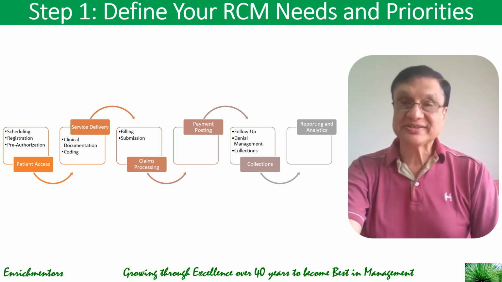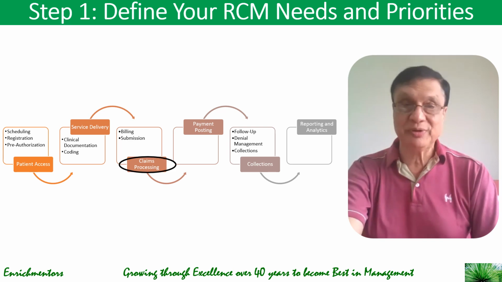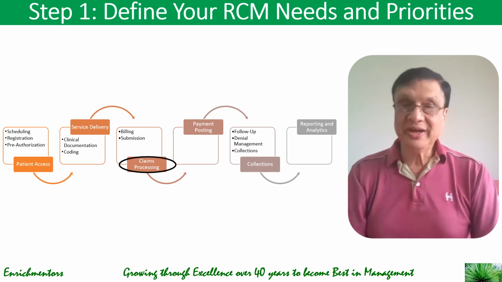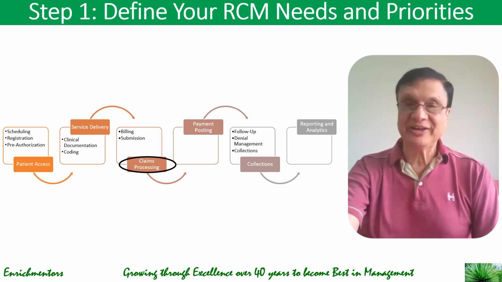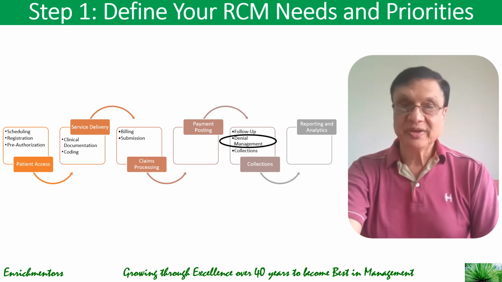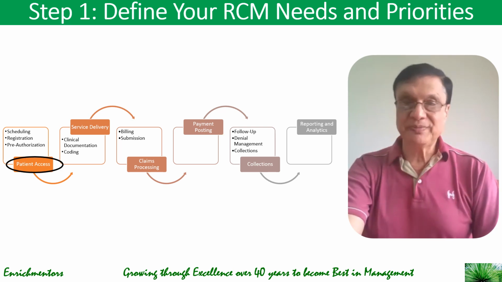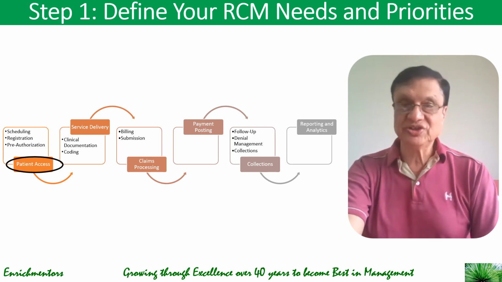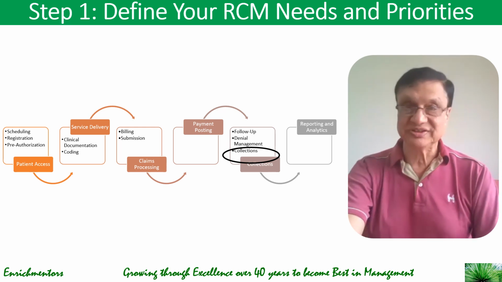And there you need to assess the current pain points, and the typical priorities could include things like claim processing, where you could automate claim submissions, scrubbing, and tracking; denial management, where you can automate the flagging and managing of denied claims; and enhancing the pre-registration, insurance verification, and eligibility tracking in patient access; and streamlining patient billing, payment posting, and collections in the payments and collection part of the process.